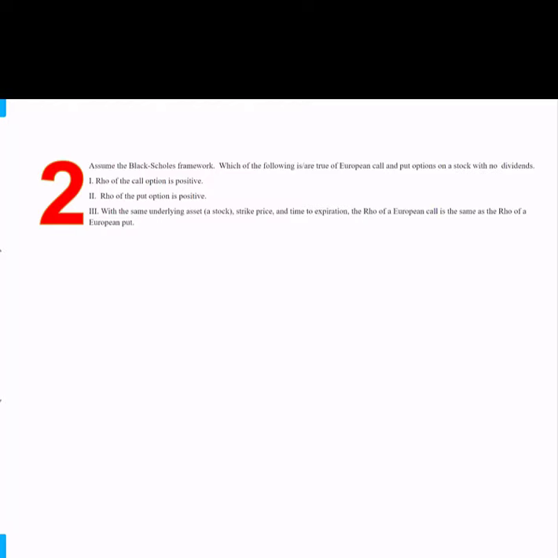So the first statement, for this one, in order to know whether it's right or wrong, we need to write down the formula of rho. Remember, rho is notated by this notation, right? And rho is the partial derivative of V with respect to r, right?